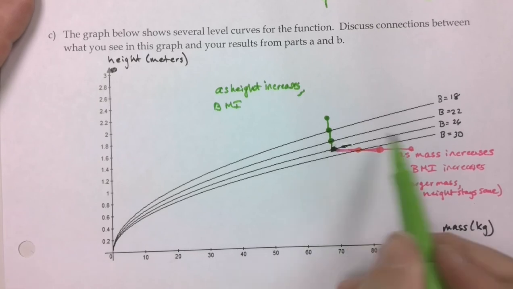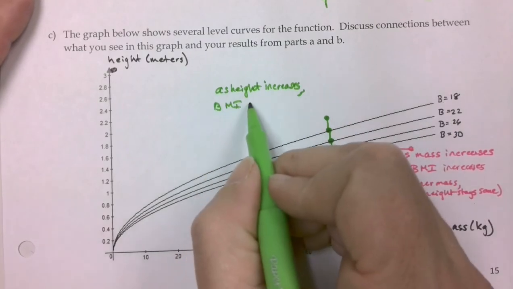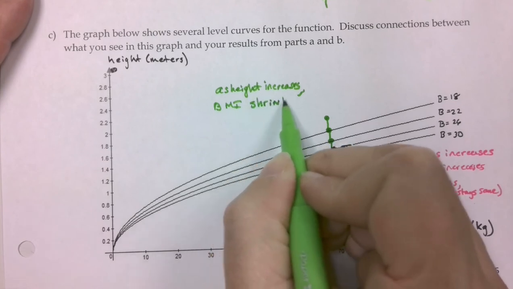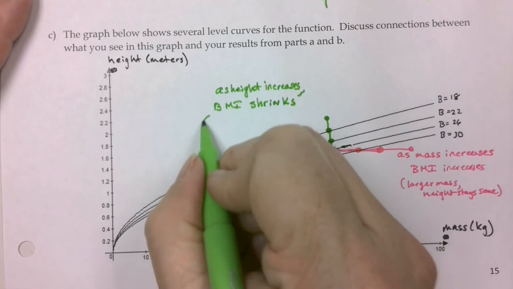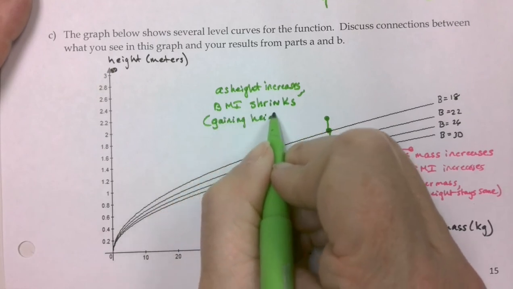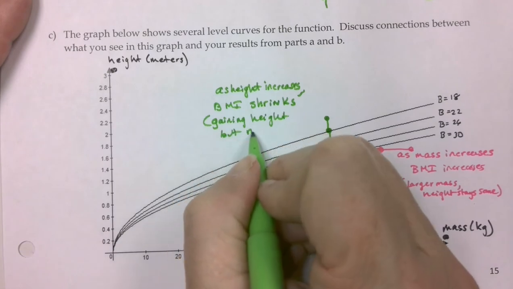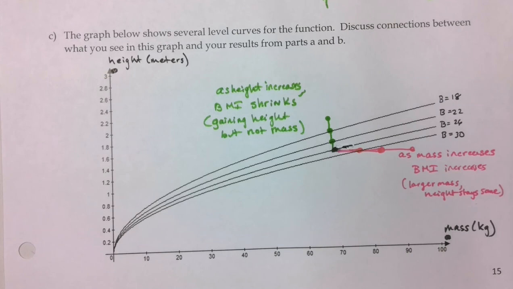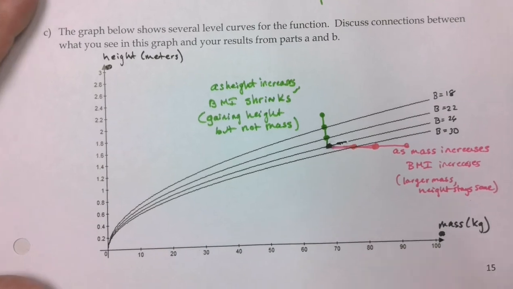So I'm moving up to different BMI curves. It's shrinking, getting smaller. So you're gaining height, but not mass. There you go.